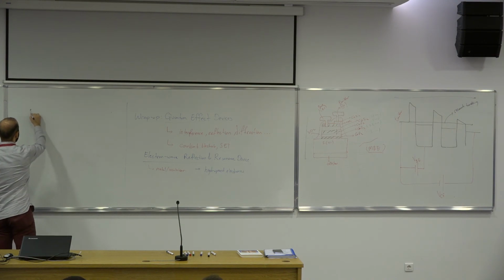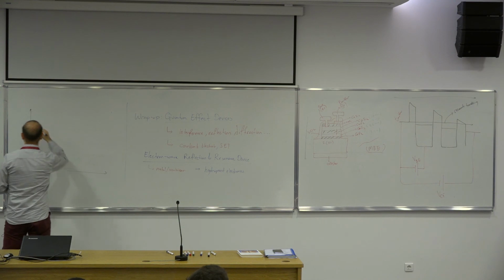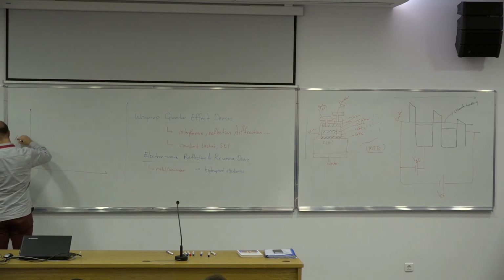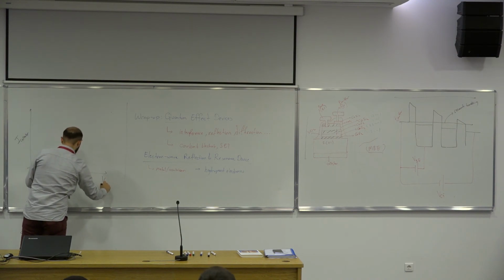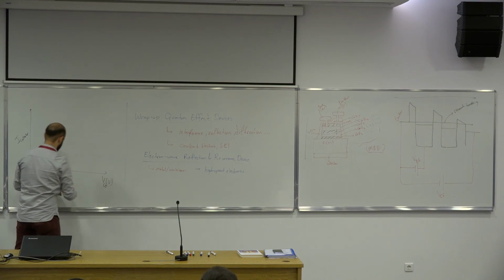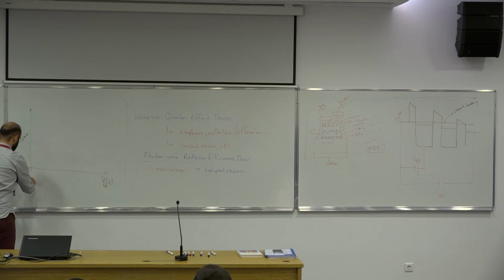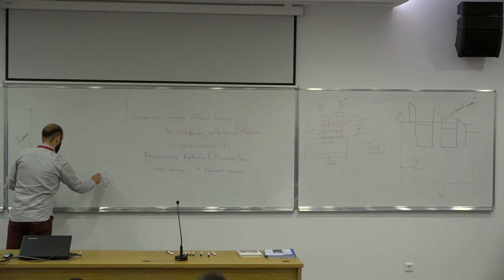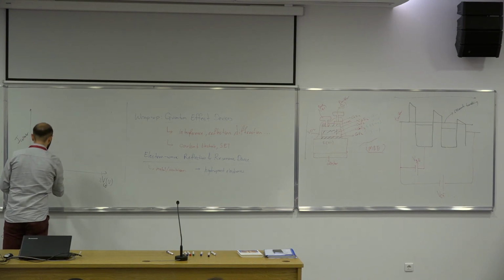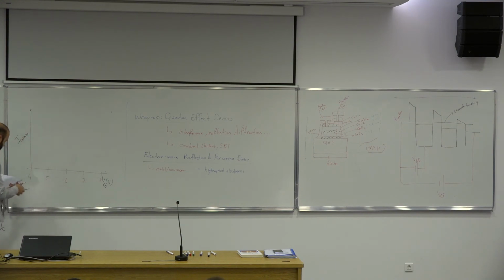So this is the current that you get from the collector, and this is the voltage between collector and emitter, in volts. The range starts from 4, ends at 8, so we have 5, 6, and 7 in between.